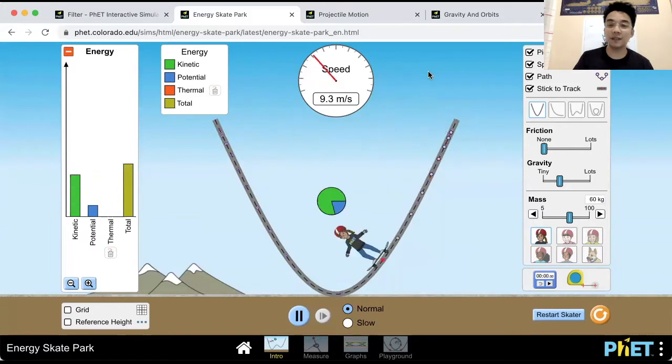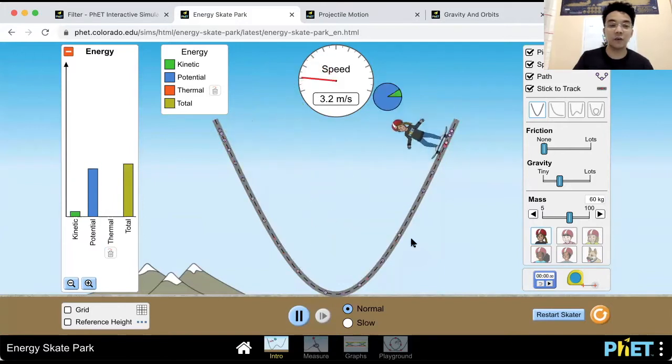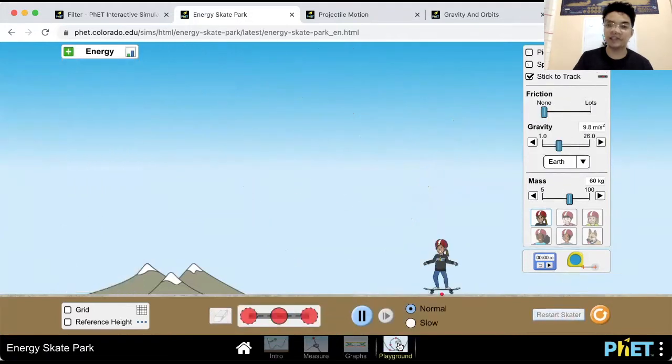Another interesting feature of the simulation is that you can create your own roller coaster using the playground feature. Let's try to create our own roller coaster.